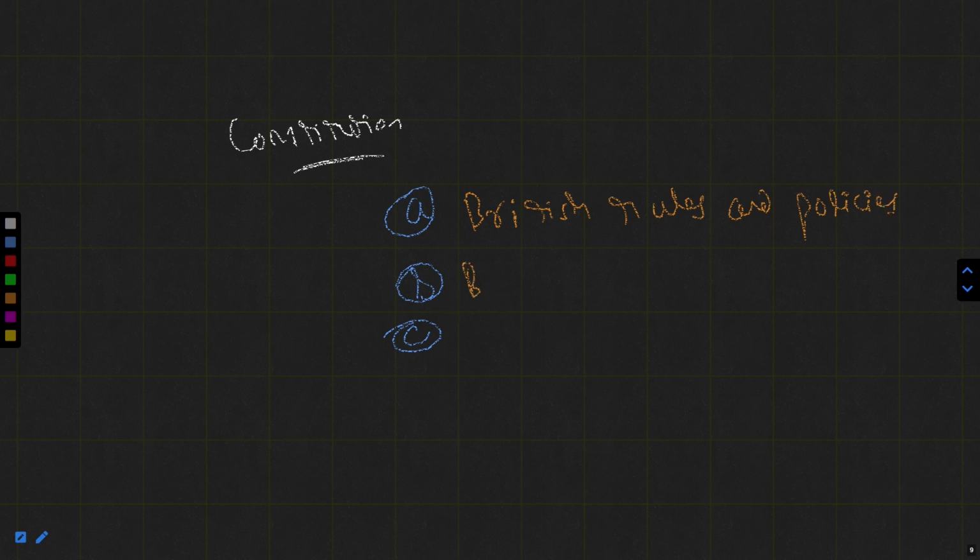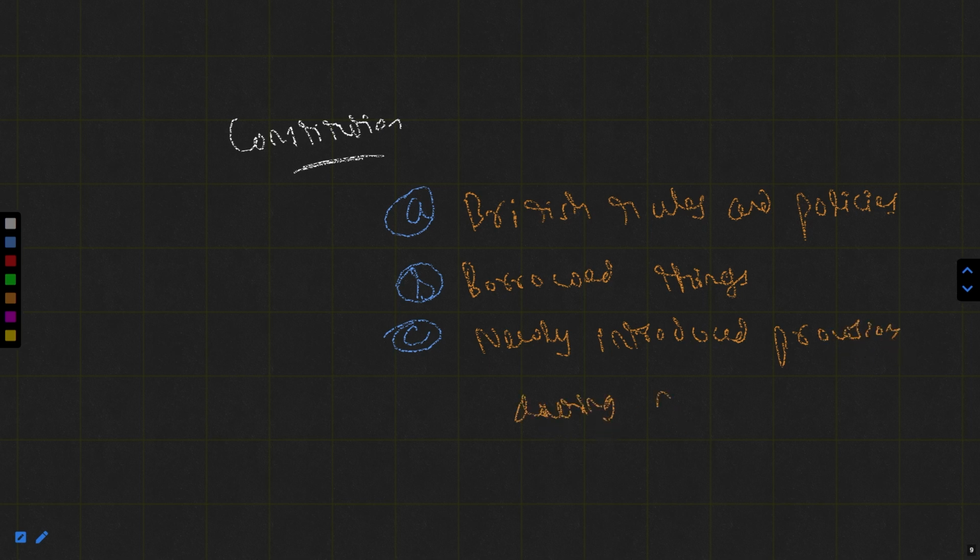Second is the borrowed things, and third is the newly introduced provisions during assembly existence and after it. Okay, so these are the three things of which help we have taken.